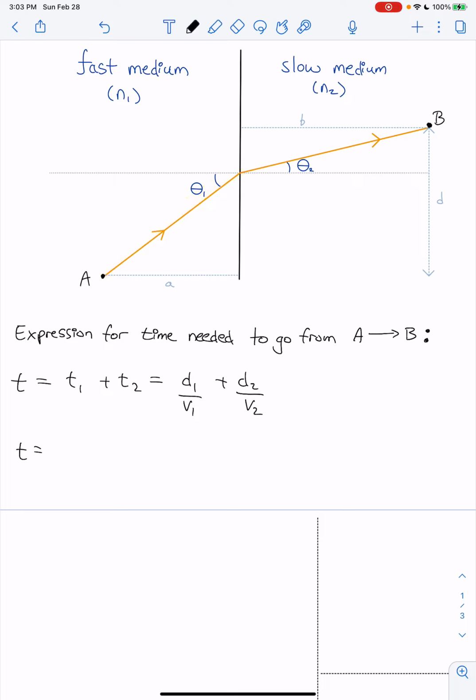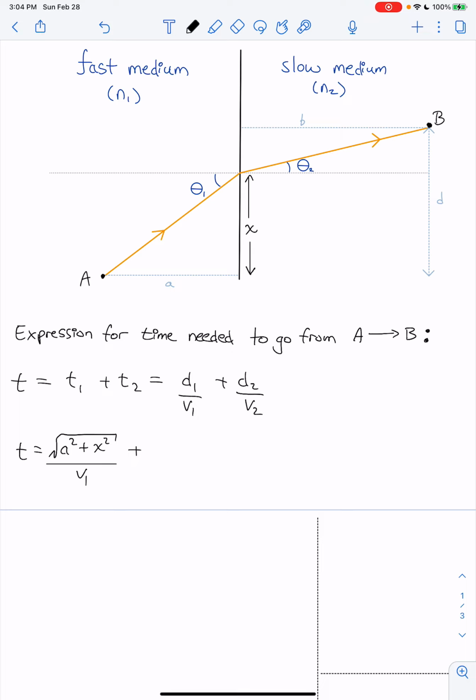Let's call that vertical distance x, going just from point A in that dimension up until that normal line. If we do that, now we can say that the time is equal to the square root of a squared plus x squared, over v1, the velocity in that first material.